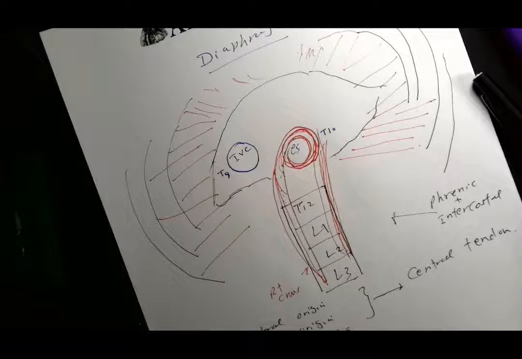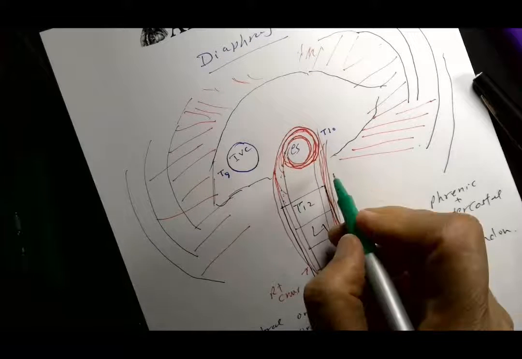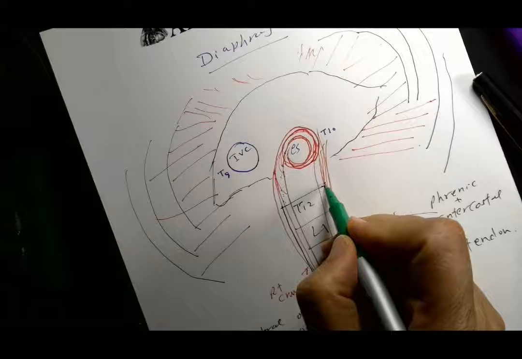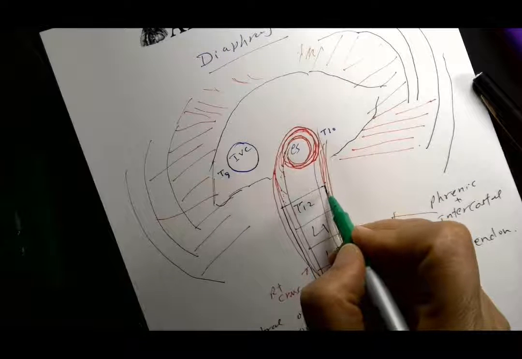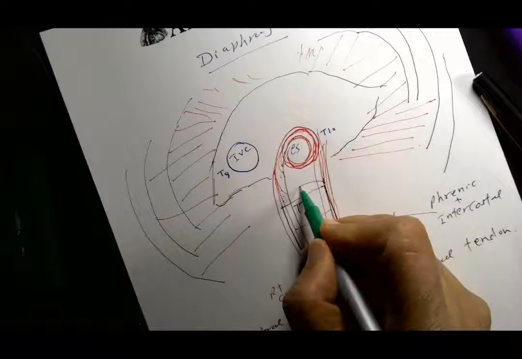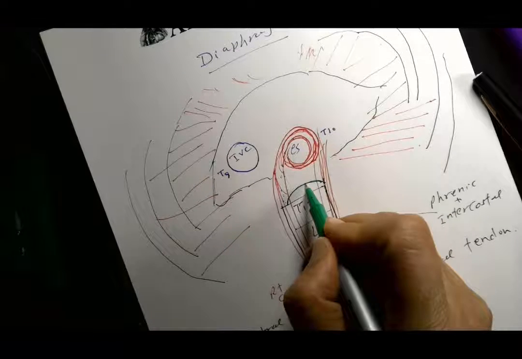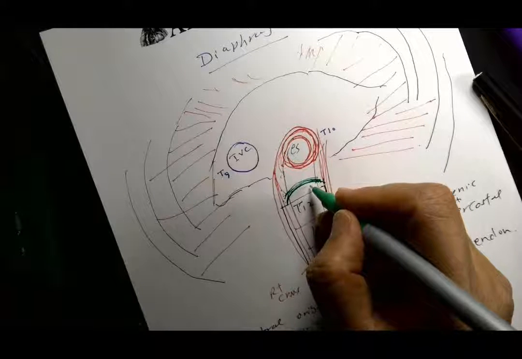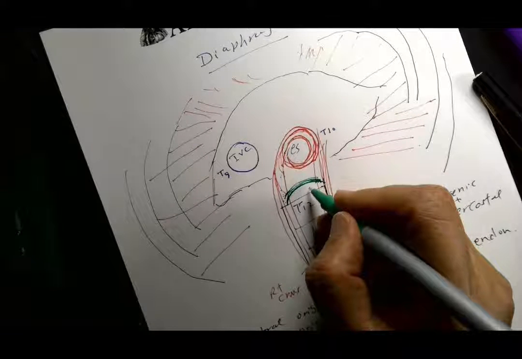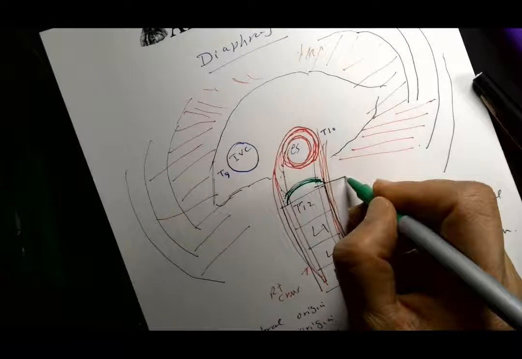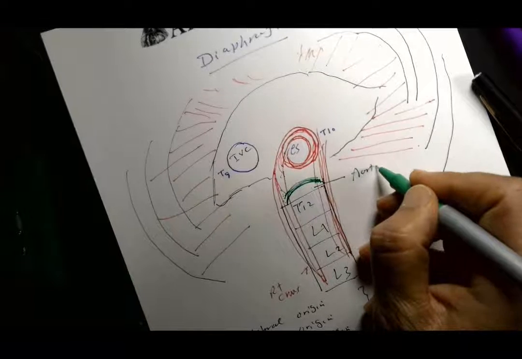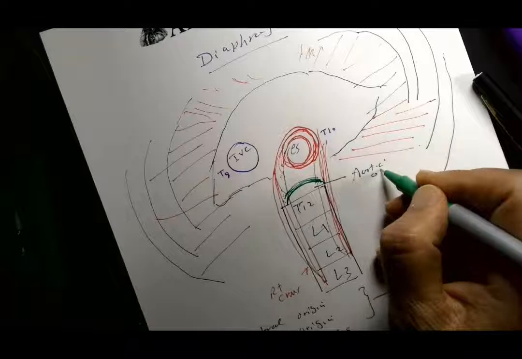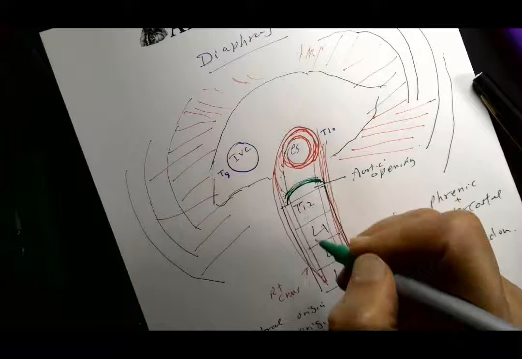Then there is the median arcuate ligament, which connects these two crura, right and left, together. This is hiding the aortic opening behind it, and as you see, it is at the level of T12. Remember 8, 10, 12, the rule of 2.